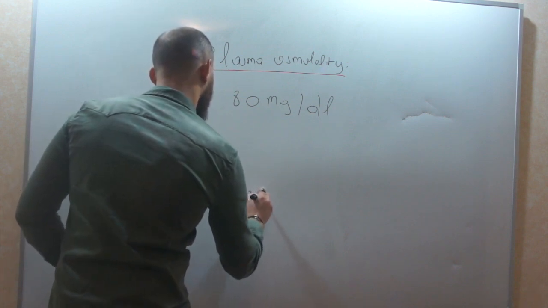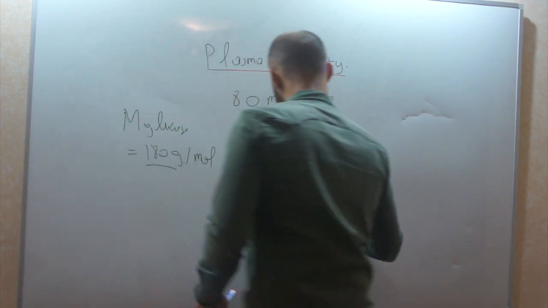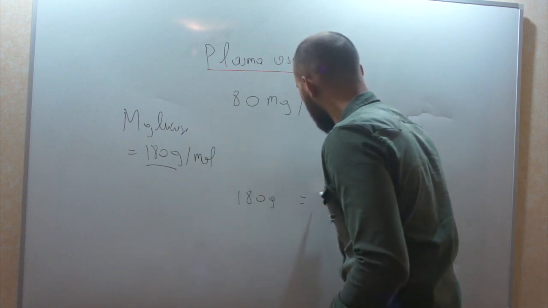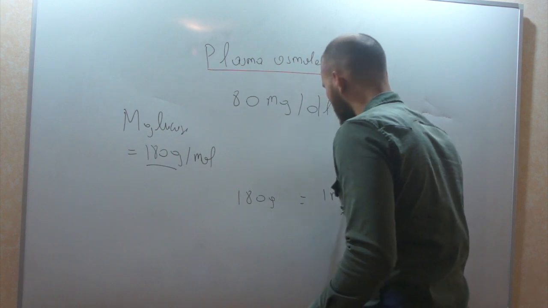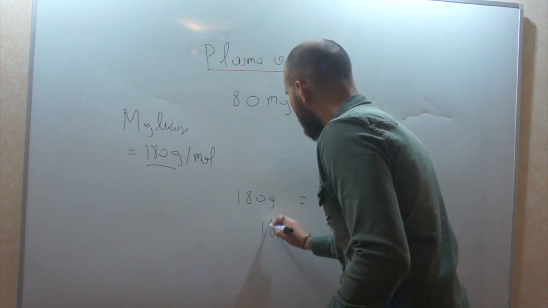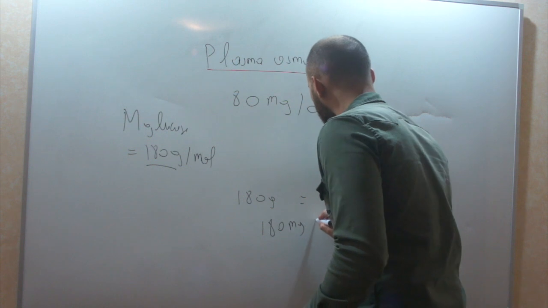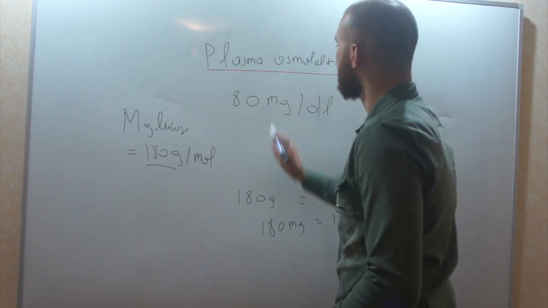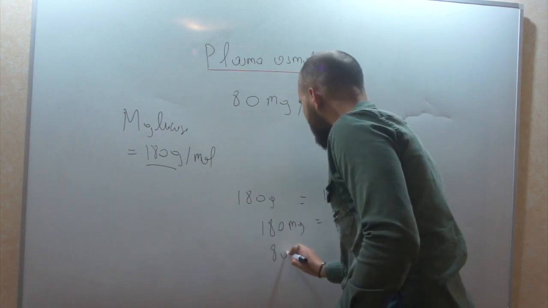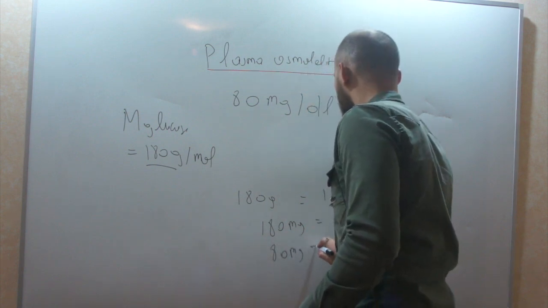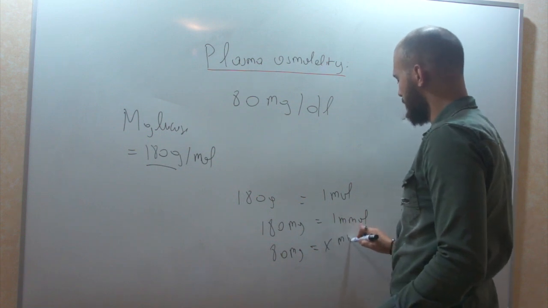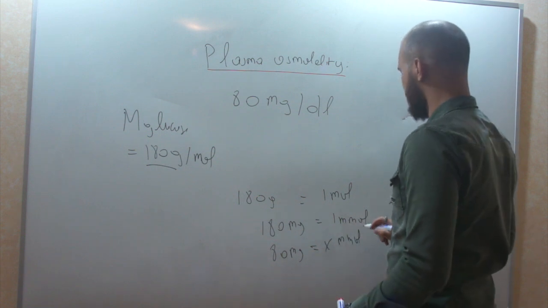So you have 180 gram of glucose per mole. So you have 180 milligram of glucose in 1 millimole of glucose. Here we have 80 milligrams of glucose, so it's X millimole of glucose.